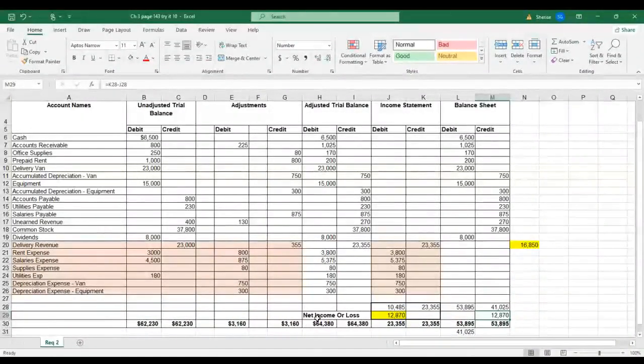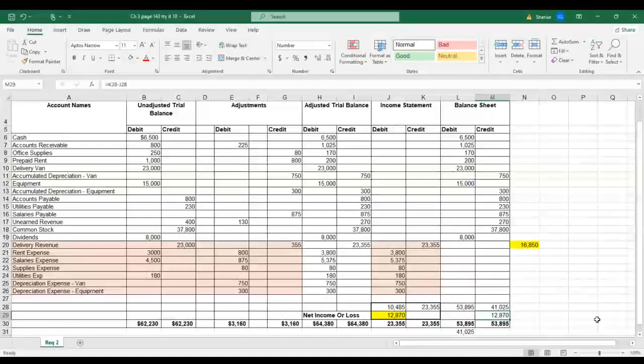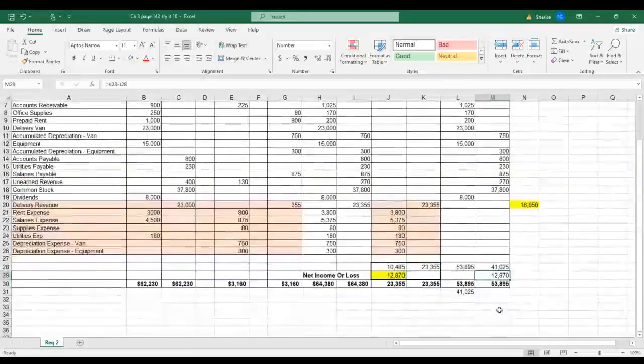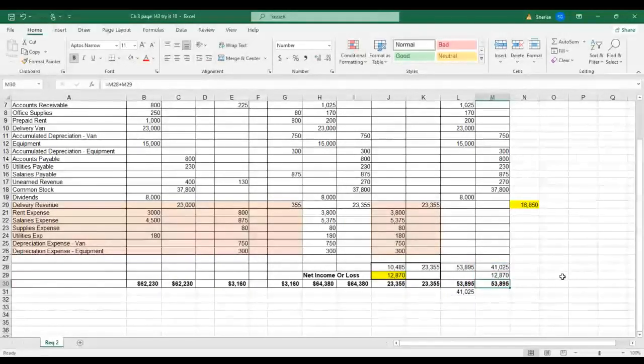For your balance sheet, you're going to bring this over as well, your net income or net loss. And so you're going to have your credits minus your debits, and that's going to give you your income or your loss, your revenues minus your expenses. And so we brought this 12,870 over. And when you add those two together, it gives you the 53,895.